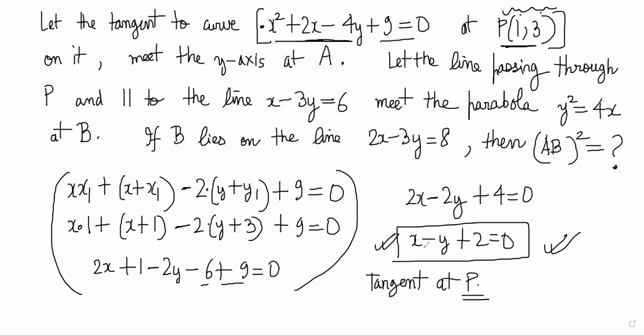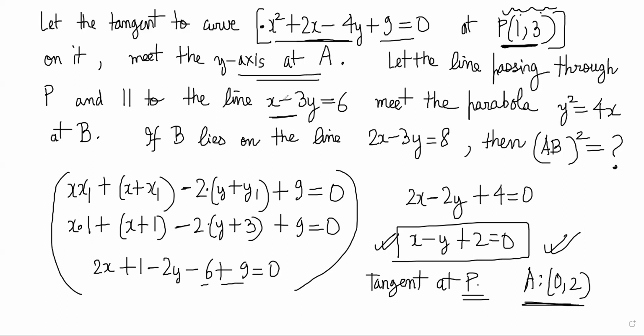Now, this tangent meets the y-axis at A, so you will put x equal to 0. So point A would be basically (0, 2). And let the line pass through P and be parallel to this line. Line passing through P, that is (1, 3), and parallel to this line. This line has slope what?